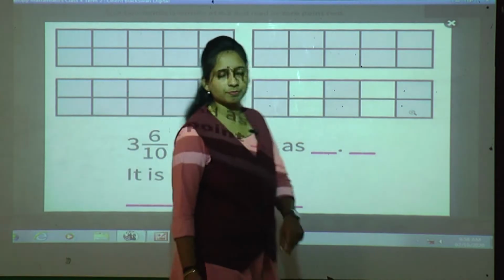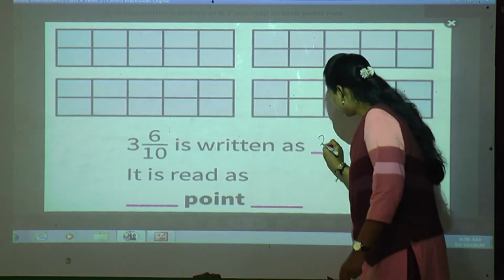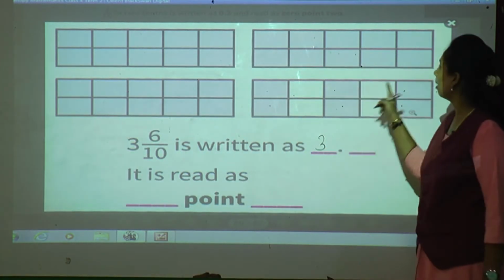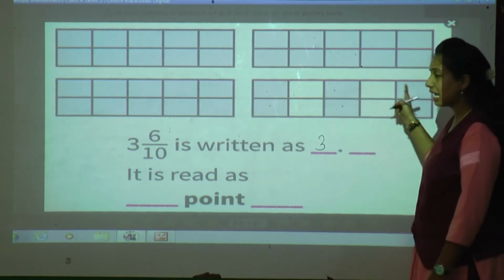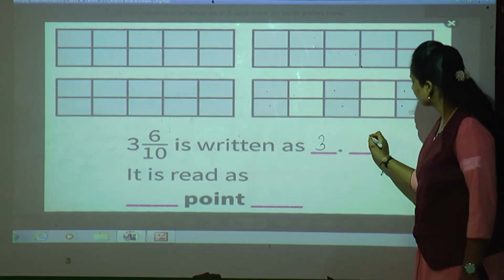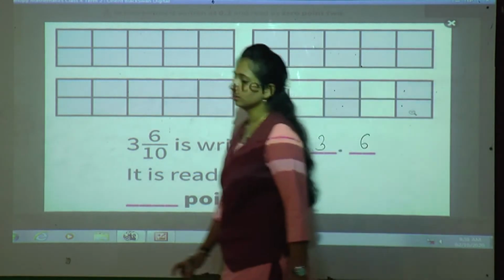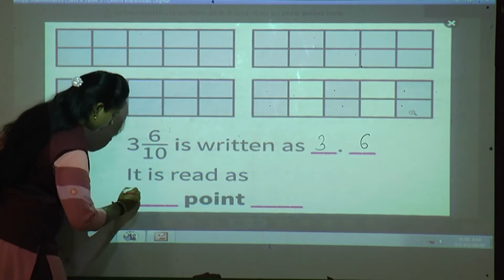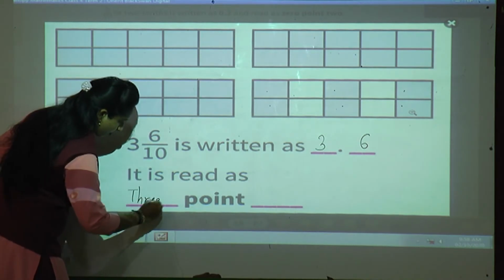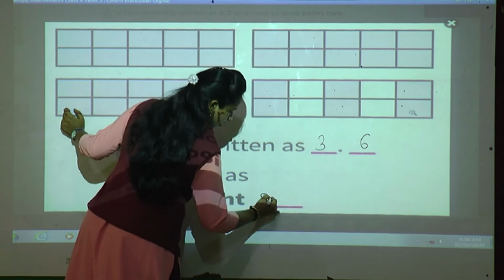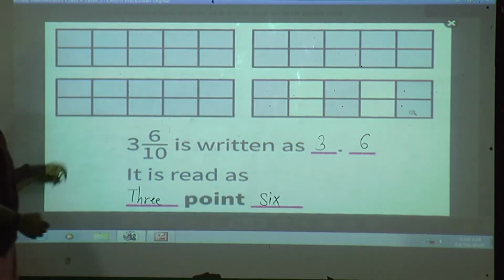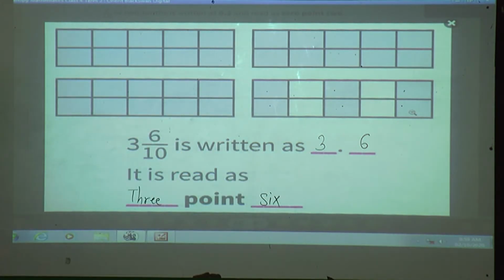Yes, tell me. See, first you have to write 3 point, then how many parts are colored in the last shape? 6. And it is read as 3.6. Clear? Are you getting, students? Yes, very good.